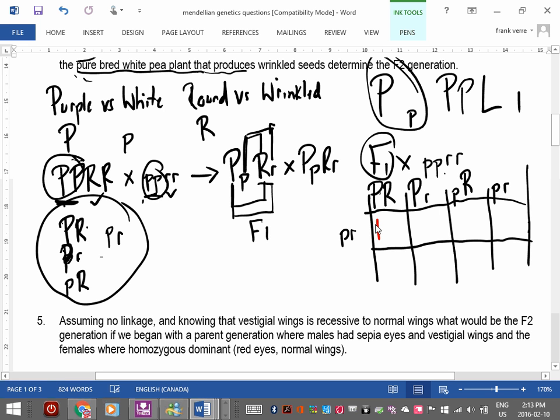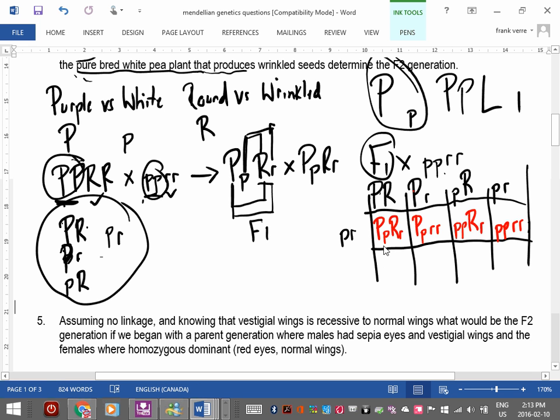So then, what do we get? We got big P with a little p, big R with a little r. Just put the letters together. Big P with a little p, little r, 2 little p's, a big R with a little r, 2 little p's, and 2 little r's.